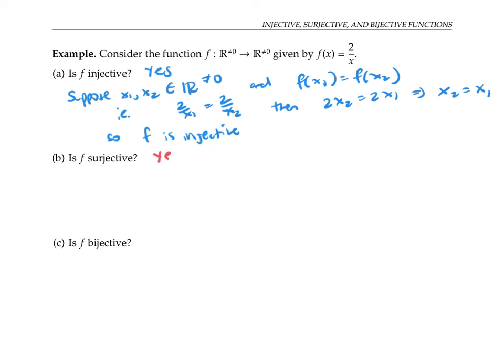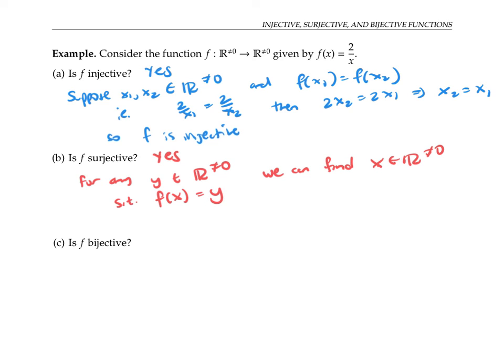f is also surjective for this example. Let's see why. For any y in the codomain, we can find an x in the domain such that f of x is equal to y. Let's see what that would mean.